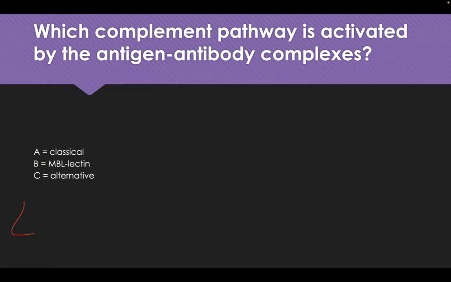So these are the 3 pathways. The classical pathway, the MBL-lectin, and the alternative pathway. And the answer is classical. So this is when IgG or IgM is bound to an antigen. So that is what we call an antigen antibody complex.